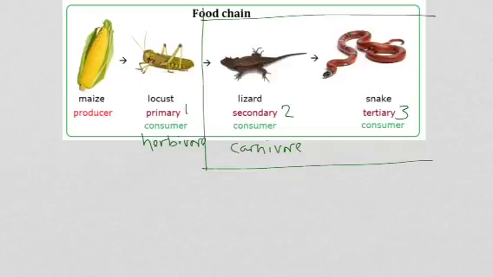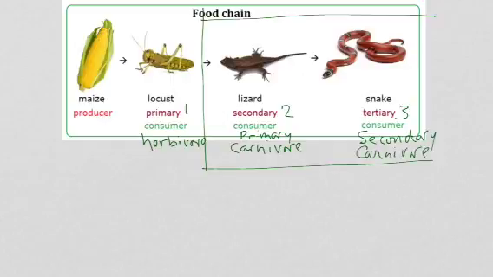So we could also call this lizard a primary carnivore. I'm happy with you just calling it a carnivore. Equally, even though the snake is a tertiary, or the third consumer in the chain, it is the secondary carnivore.